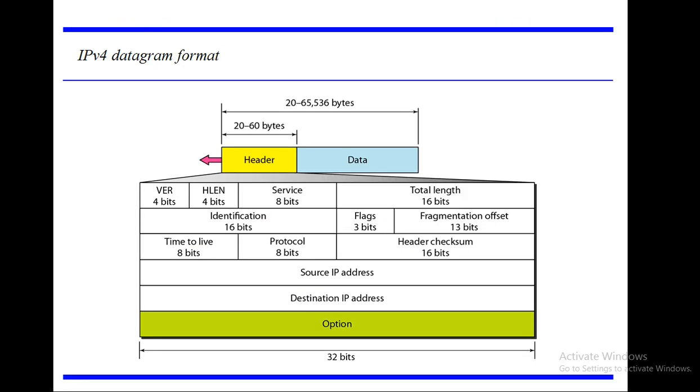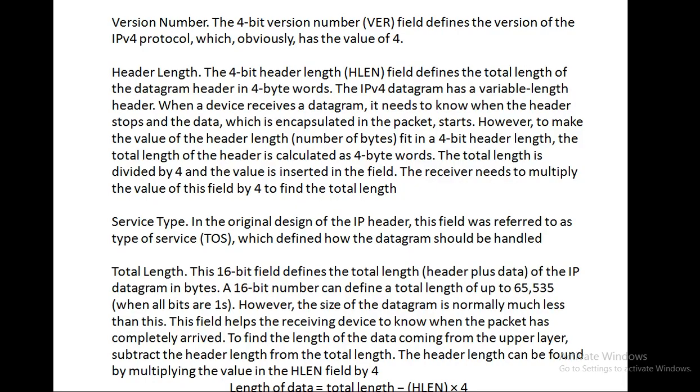The next one is protocol. Protocol is 8 bits. Different protocols are used because whenever the network layer receives data from the transport layer, the transport layer will use TCP and UDP, transmission control protocol and user datagram protocol. Which protocol is being used by IP will be indicated by the protocol field.